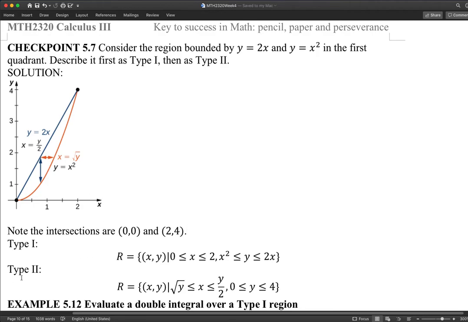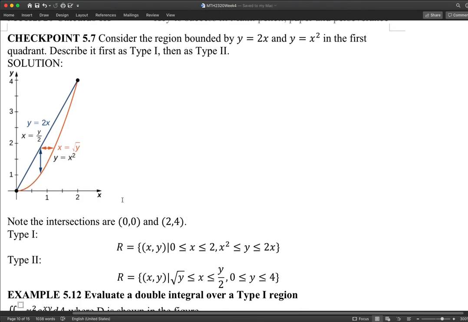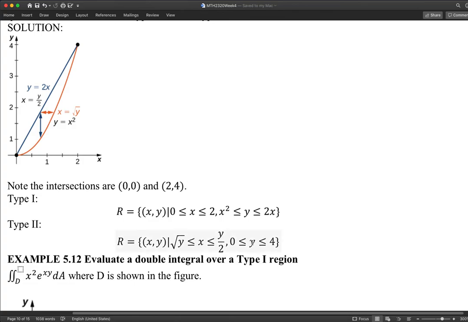And for a type 2 region, remember type 2 is always bounded by two horizontal lines. Actually, it does fit. Those two horizontal lines simply mean y is changing from 0 to 4, so it still fits. And then there is a single curve to the left, a single curve to the right. Left is the smaller x value, right is the bigger x value. So to the left, it is the line.